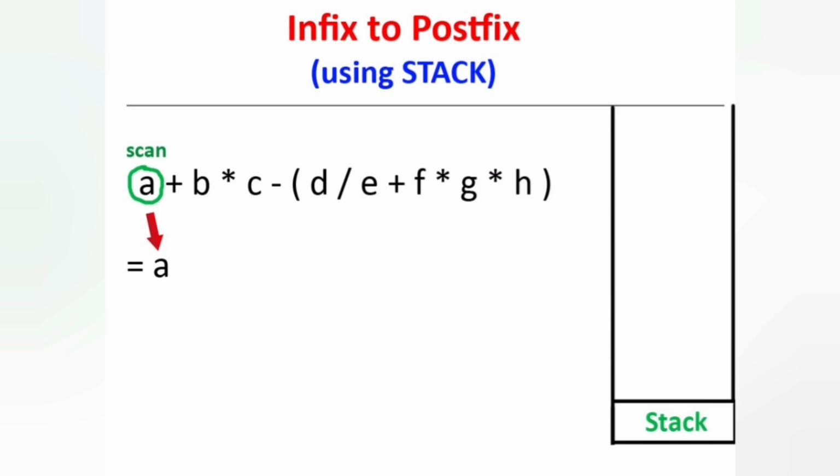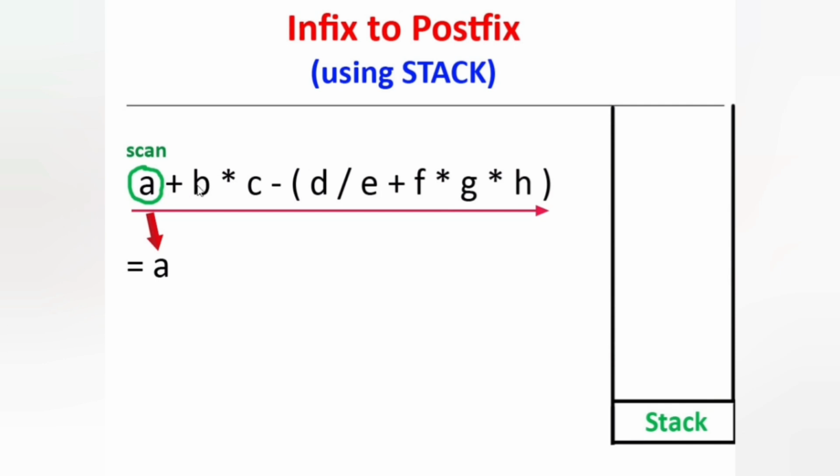Now this is an example, as you can see. First I will show using the stack. Using the stack, we will not follow the associativity. In case of using the stack, we start from left to right, and scan one item at a time.